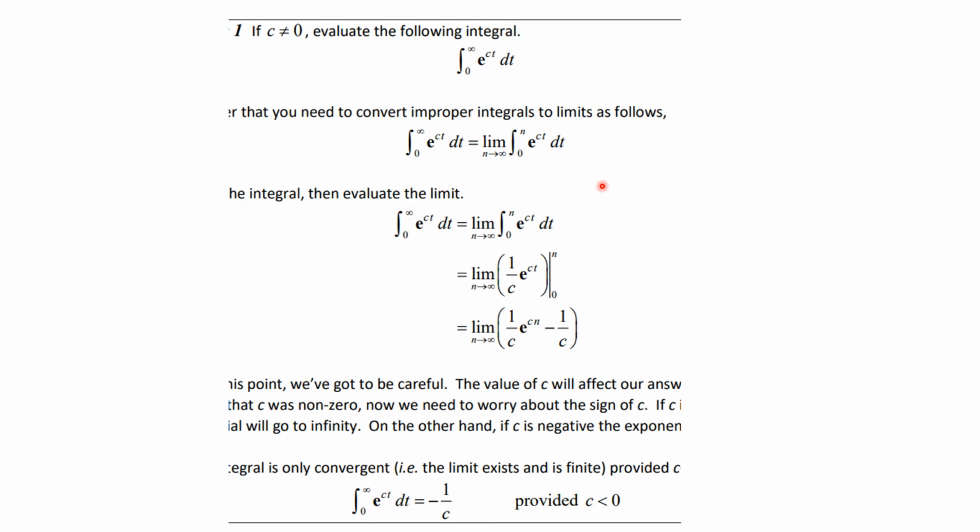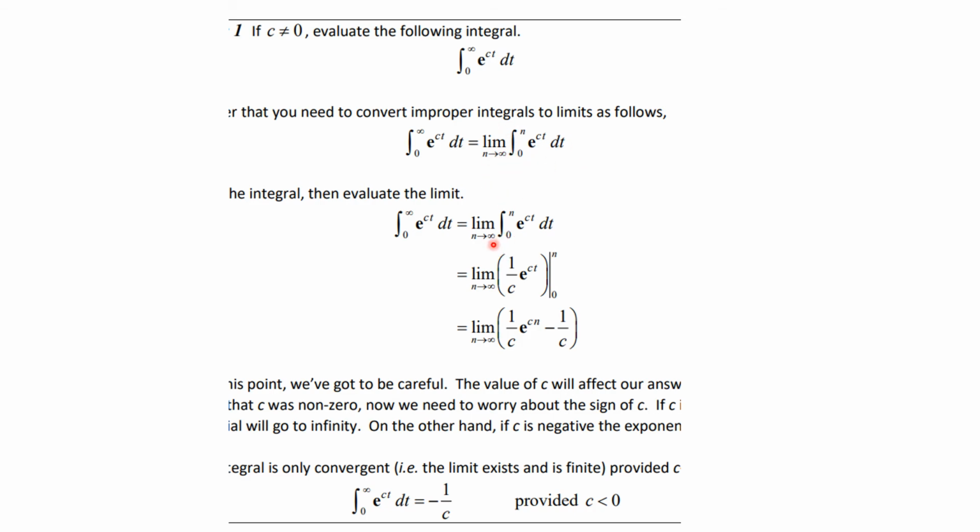Well, first of all, the integral from 0 to infinity of e to the ct dt is equal to the limit as n goes to infinity of the integral from 0 to n of e to the ct dt. We have to use a change of variable here, so we're doing a u-substitution. And so we will use the fundamental theorem of calculus to evaluate this before we do the limit.